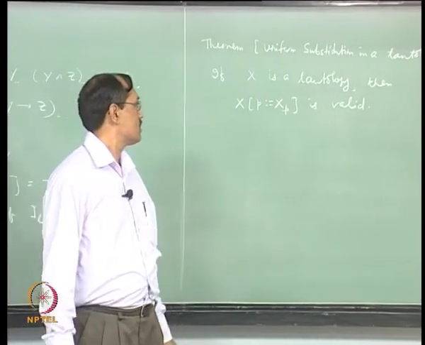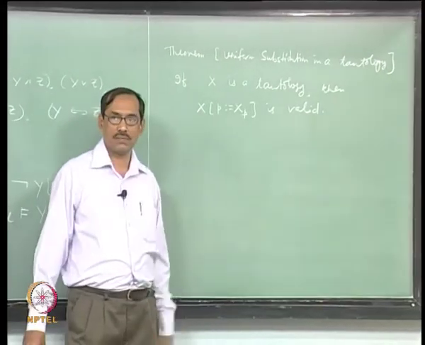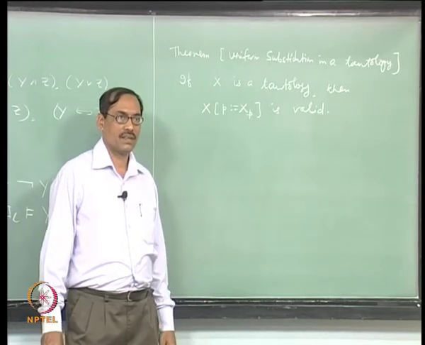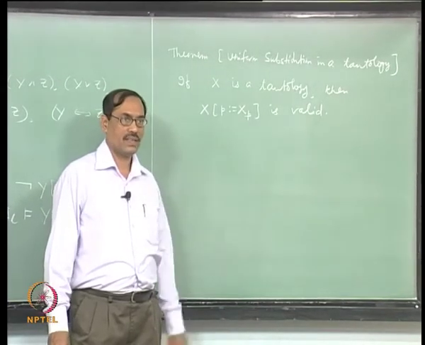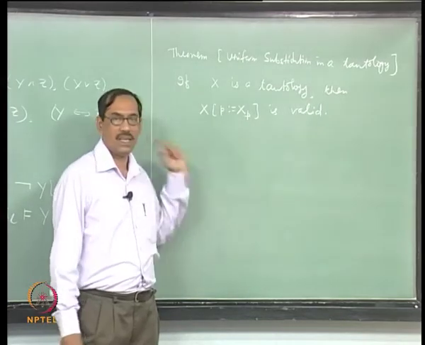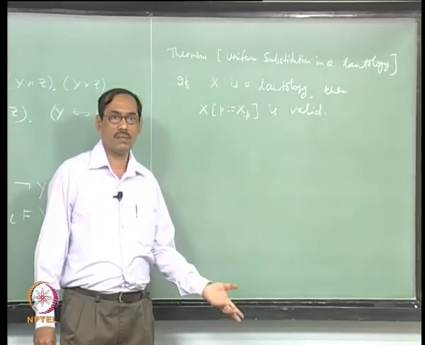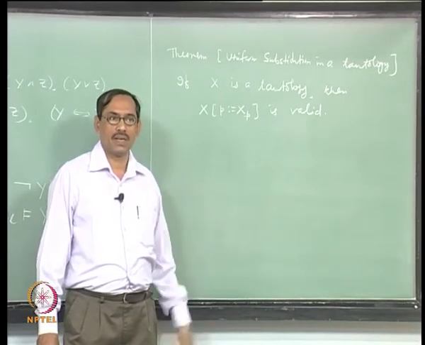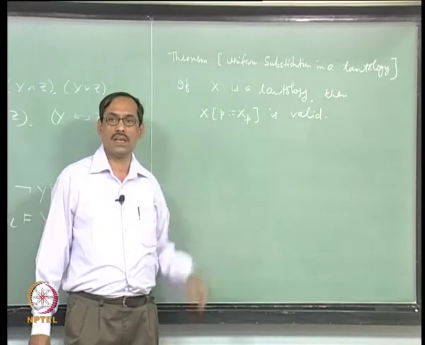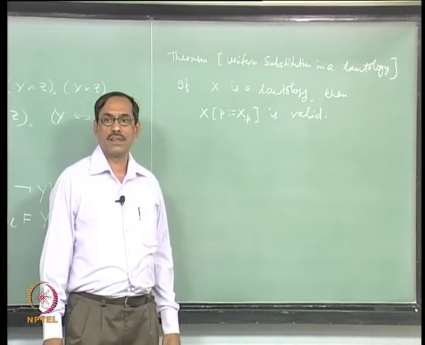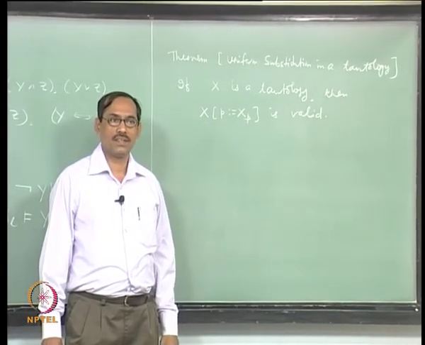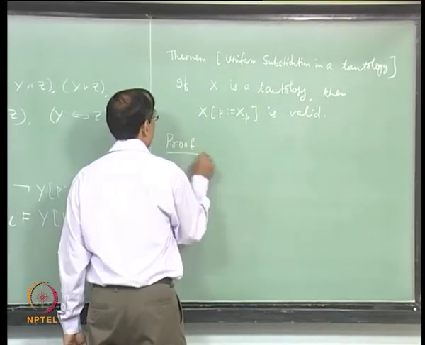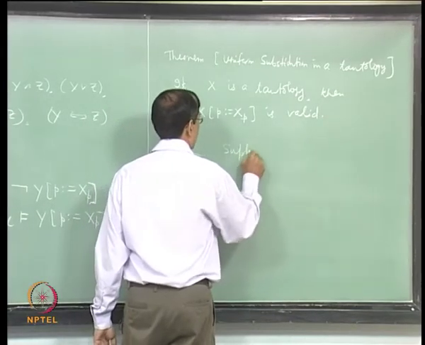Now what do you do? You take any state x_p. In this state, what will happen? This small p is either evaluated to 1 or 0, right. Whatever way it is evaluated, you find out which I that is. Is it okay? See, this is the way we will be proceeding. Suppose x is a tautology.